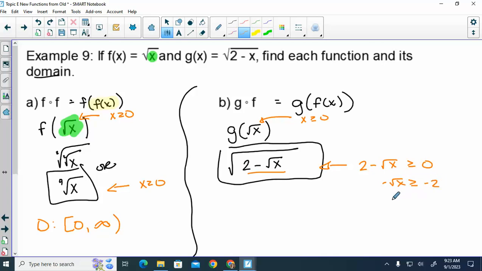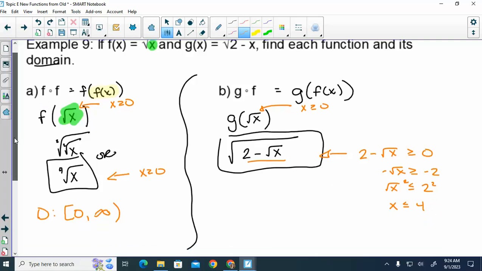If I divide by a negative, what happens? Okay, then what? You had a square root, so you square. So I get x has to be less than or equal to 4.